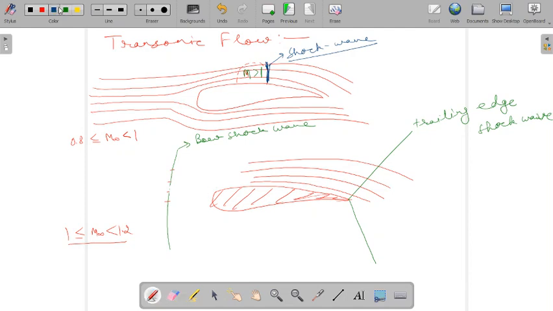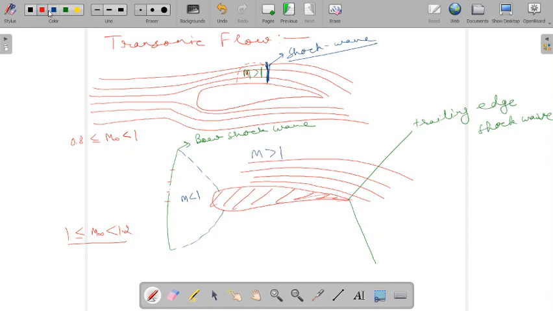So what will happen in this region, particularly near the nose, is that here the Mach number is less than 1, and in the remaining region the Mach number is greater than 1.